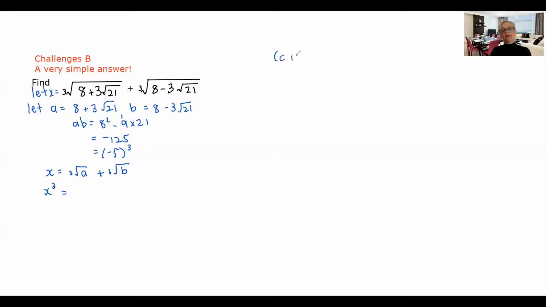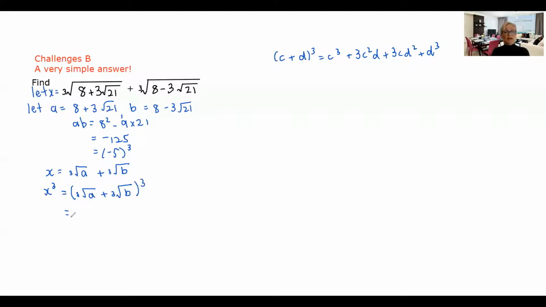If you had c plus d all cubed, the expansion is c cubed plus 3c squared d plus 3cd squared plus d cubed. So when we cube this, yes, we will get an a plus b, but we'll also get some other terms.